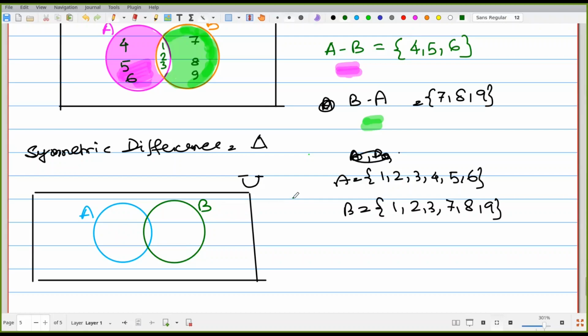So which one is our symmetric difference? At first, find the elements.